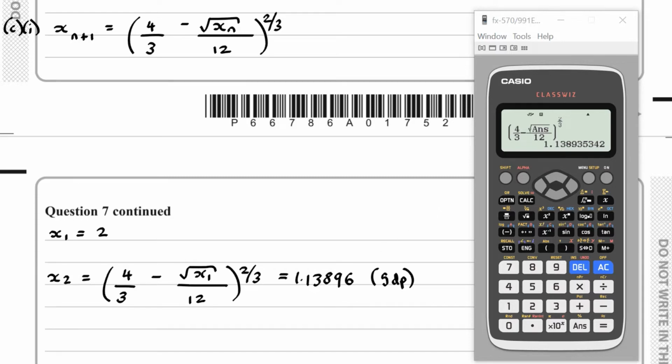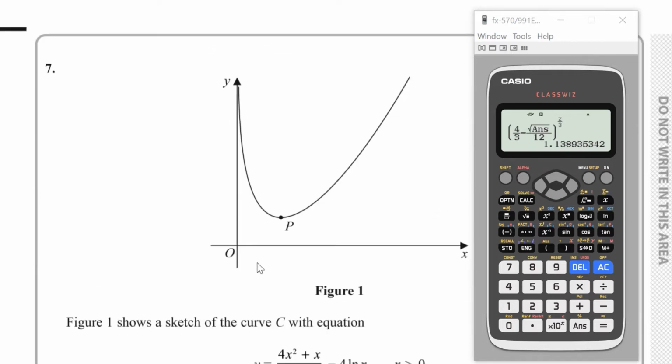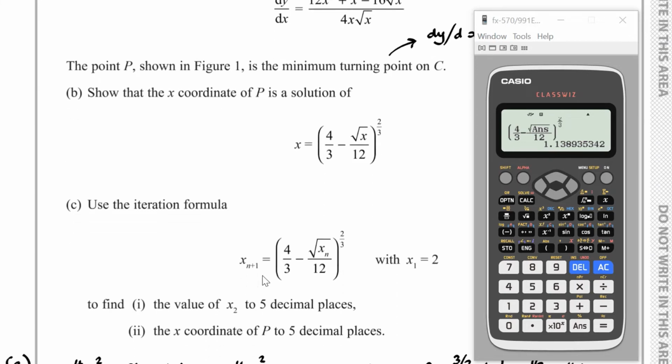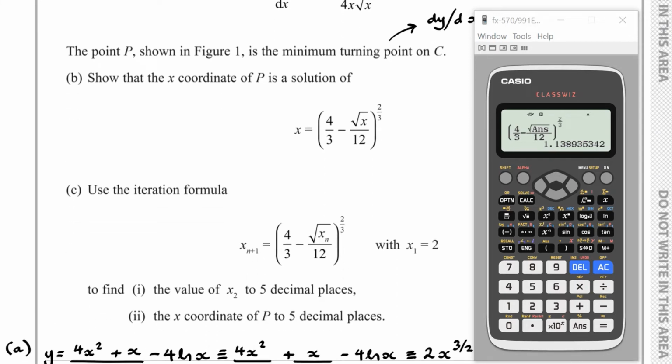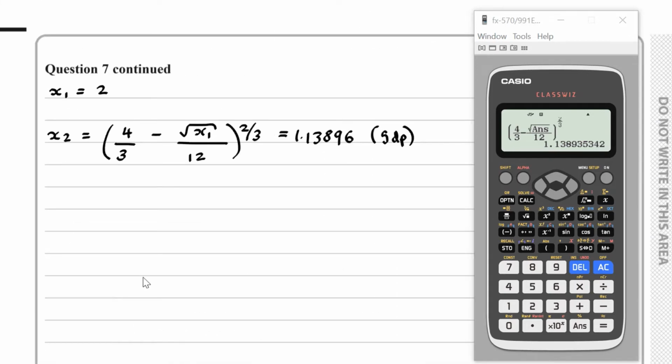So for the next part of the question, we have to find the x coordinate of p to 5 decimal places. So to do this, we need to find out what x3 is. So x3 is equal to, press equals again, 1.156928424.